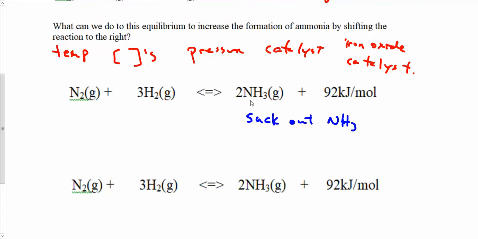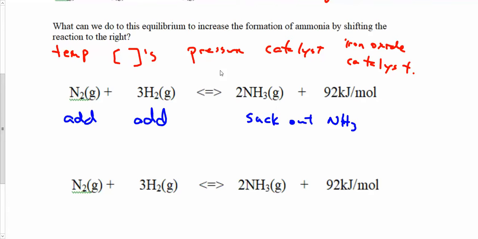And if I take more out, this will make more to replace it. So I'm constantly driving it this way if I'm constantly sucking out NH3. And on this side, what should I do to the concentrations? I should constantly be adding them in. I'm constantly adding these in and sucking this out, so it's constantly going to be driving this way to make more NH3.